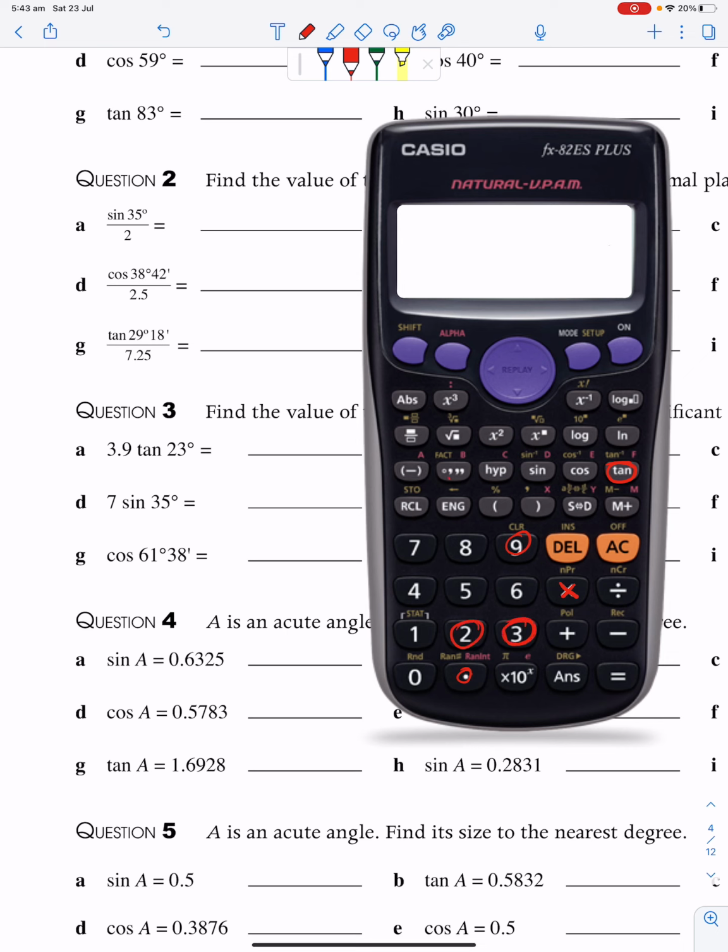And if you want to, you can press that. You don't have to because you don't have minutes. If you don't want to do that. Okay. I'll repeat that again. 3.9 times tan 23 equals.